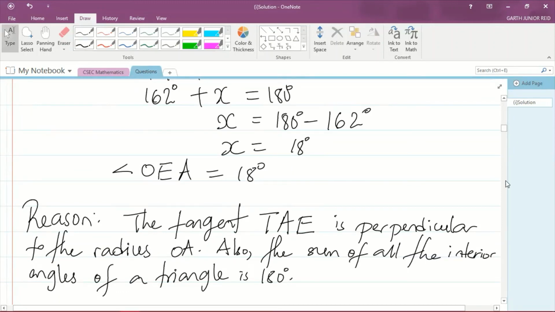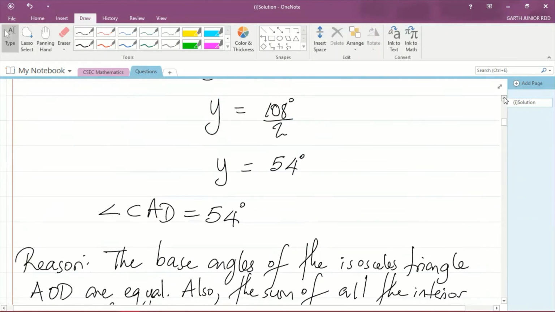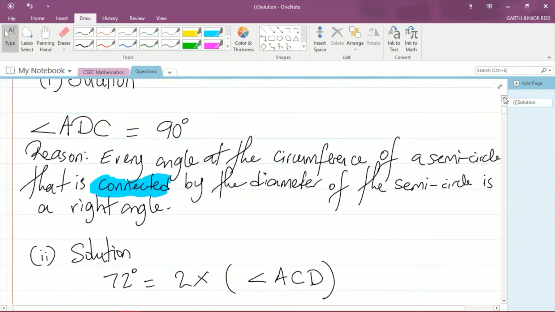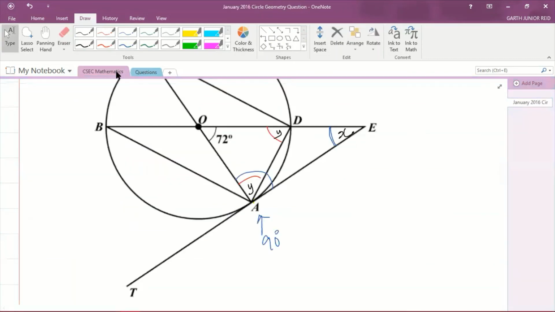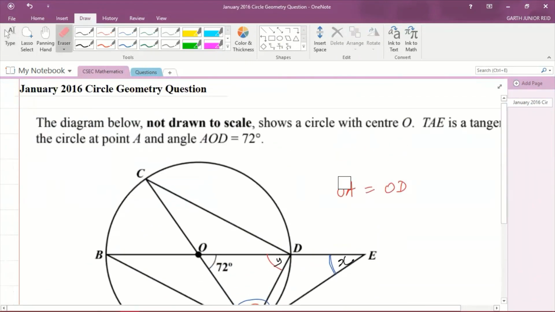And that is my reason. So I am now finished with the last part of the question. I am now finished with this past paper question from the January 2016 past paper.